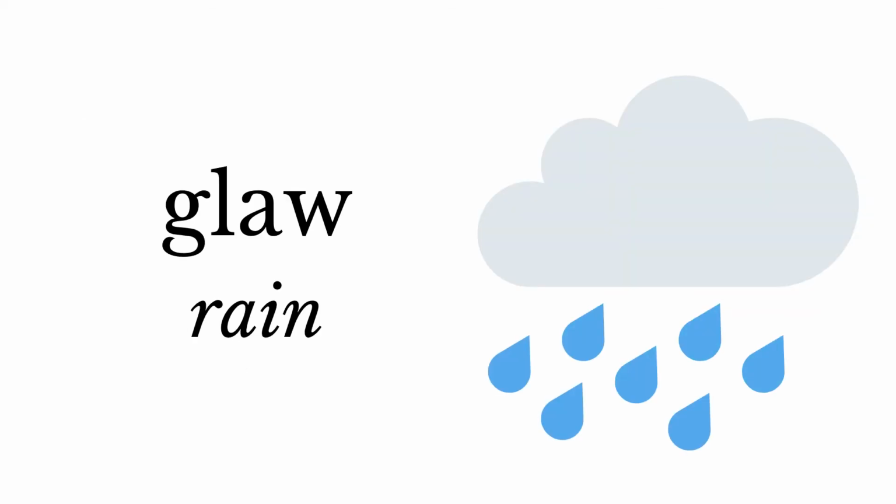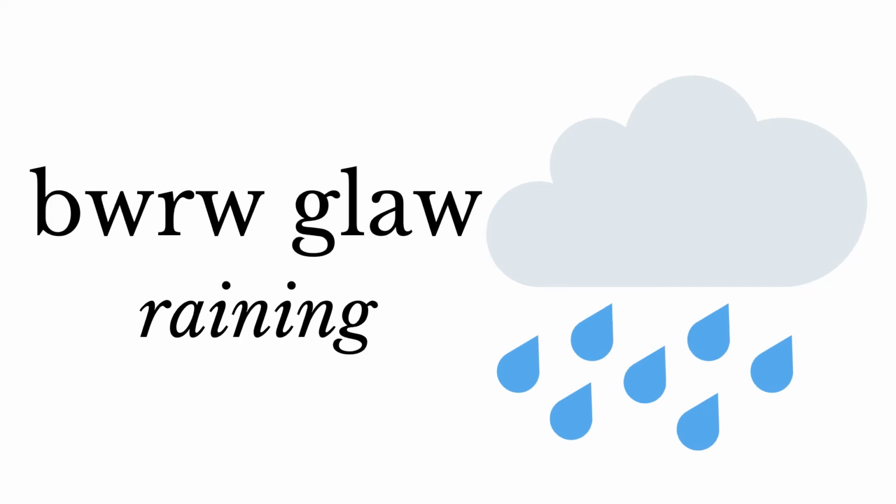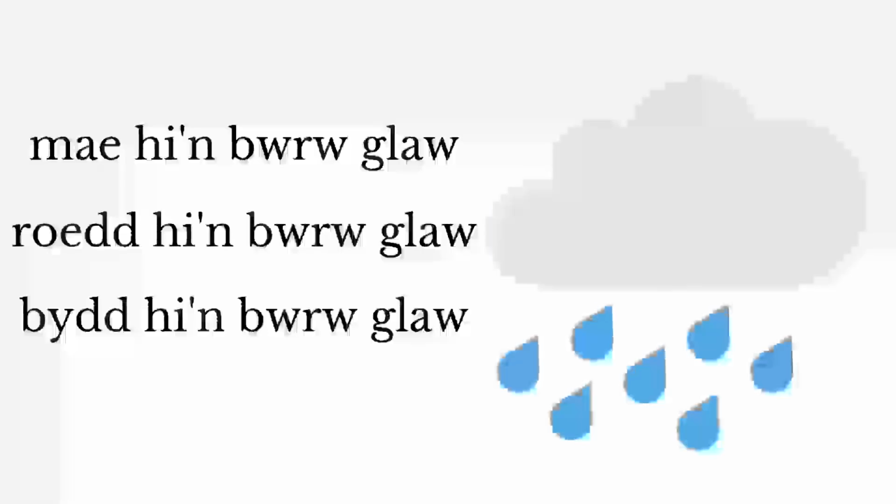Here's the word for rain. Glaw. Rain. When we want to say it's raining, we use the word bwrw in front of glaw. Bwrw glaw. The word bwrw means to hit or to beat. Mae hi'n bwrw glaw.